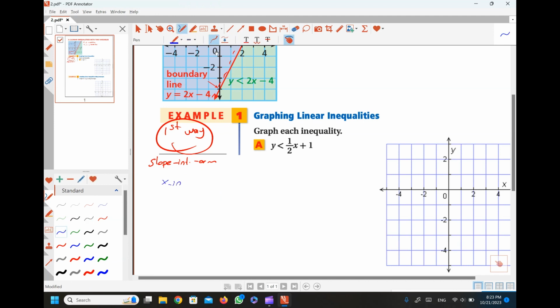For the x-intercept, your y is 0, for the y-intercept, your x is 0, right? We studied this in the first section as well.